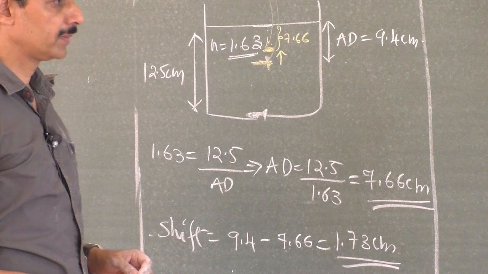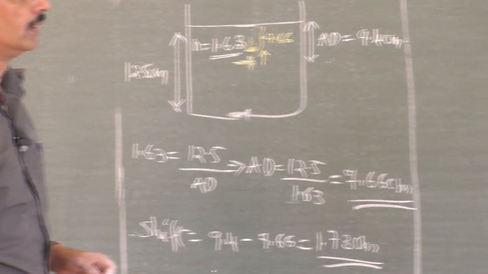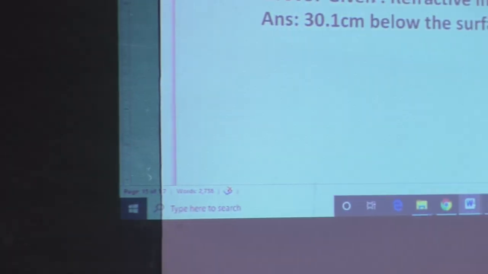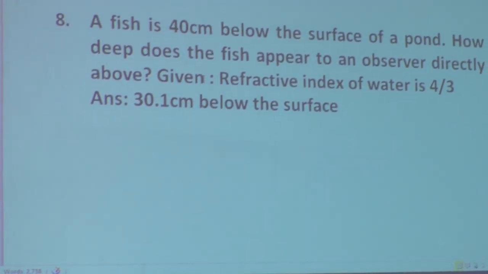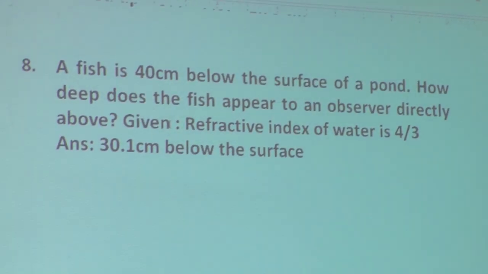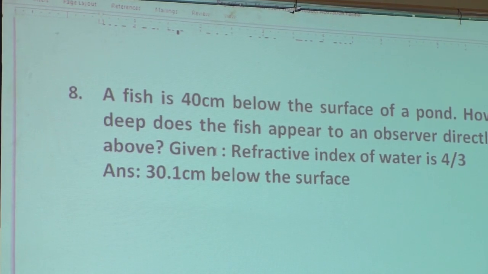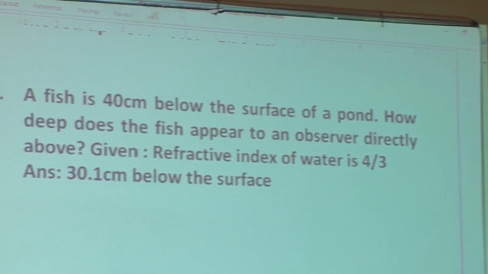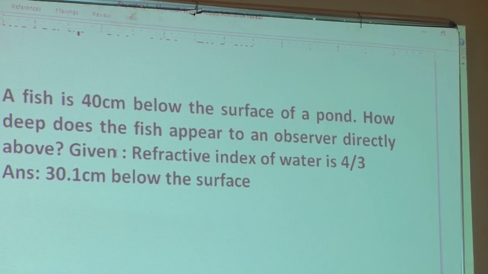We are going to do the experiment of this type. A fish is 40 centimeters below the surface of a pond. How deep does the fish appear to an observer directly above? Direct problem, right? Actually it is at 40 centimeters. At what depth it appears to be? Very easy. n equal to real depth by apparent depth.